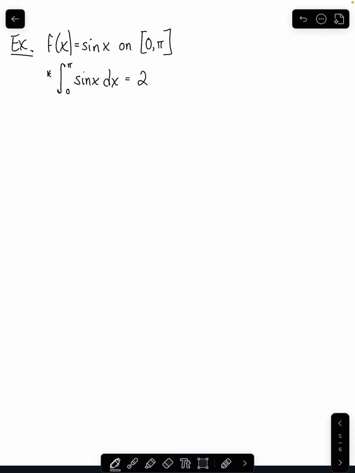So let's attempt this with Simpson's rule. And as before, we will start with simply 4 subintervals, or 2 double subintervals.